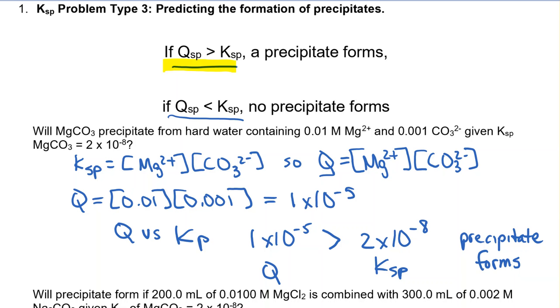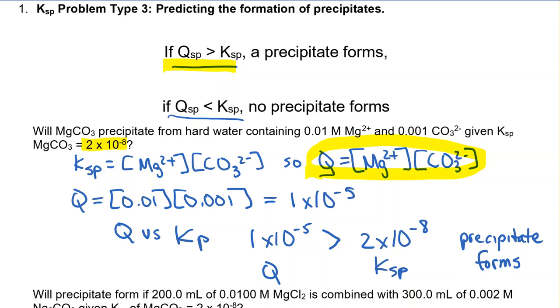So here's our question. Will magnesium carbonate precipitate from hard water containing 0.01 molar magnesium 2 plus and 0.001 molar carbonate ion, given the Ksp of magnesium carbonate is 2 times 10 to the negative 8th? So we can see here that our value for Q would be calculated from the magnesium concentration and the carbonate concentration.